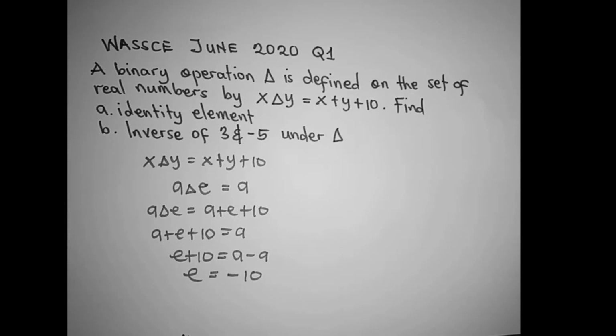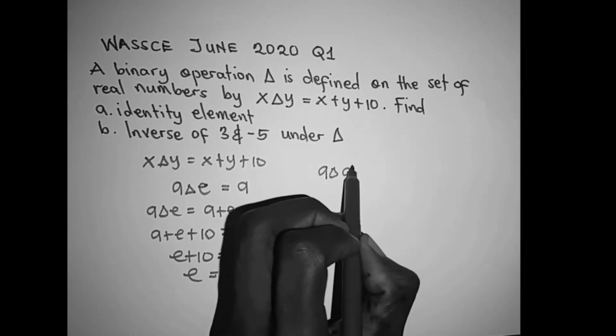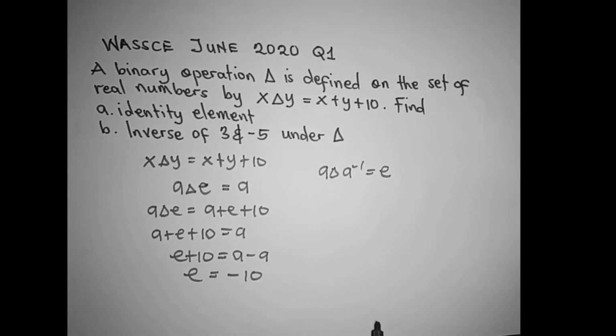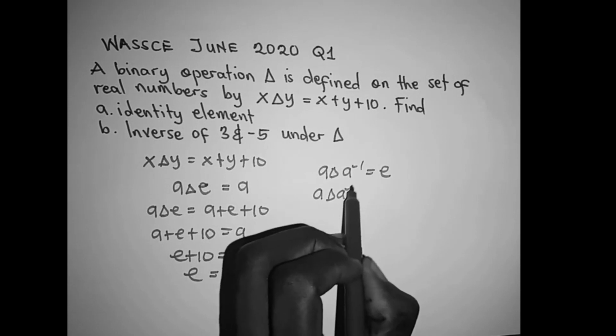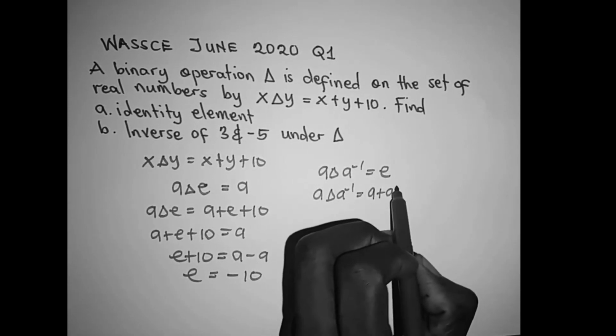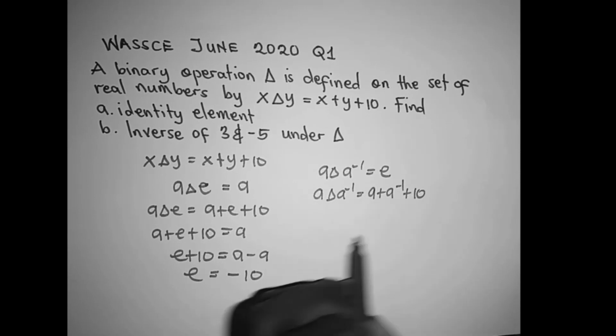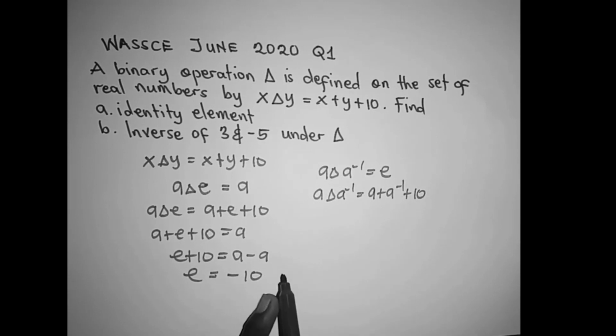Now let's then find A inverse. What is the inverse of A? We know that A operation A inverse equals the identity element. So let's find A operation A inverse. This is equal to A plus A inverse plus 10. Now we then take this result and equate it to minus 10.